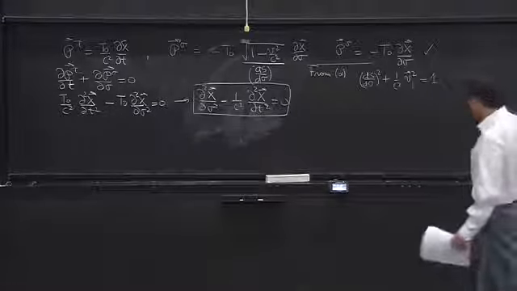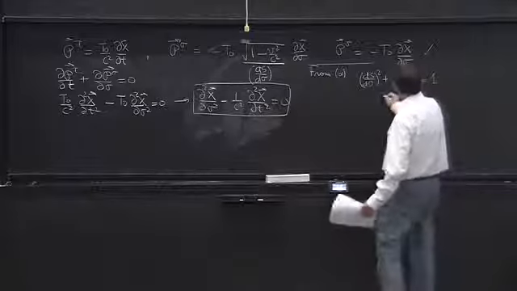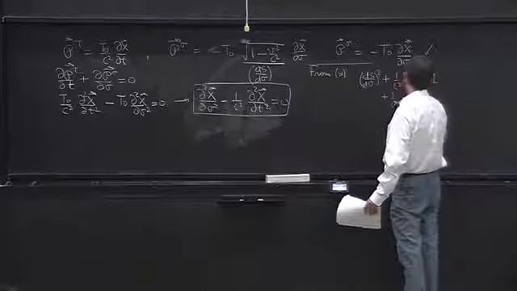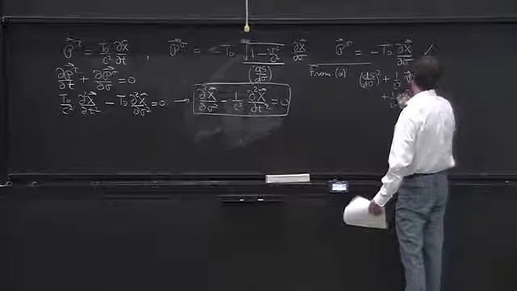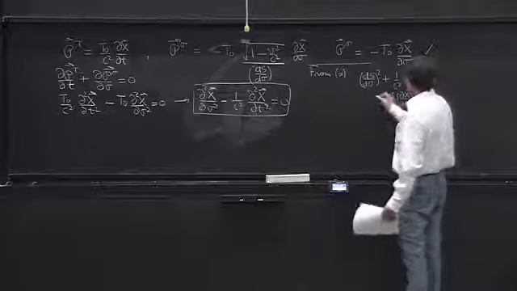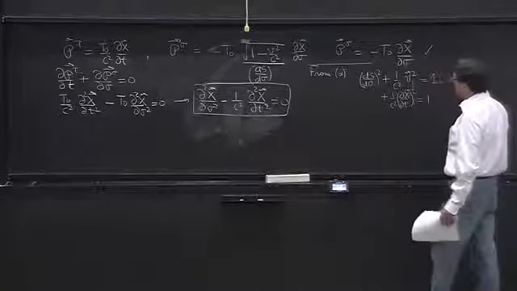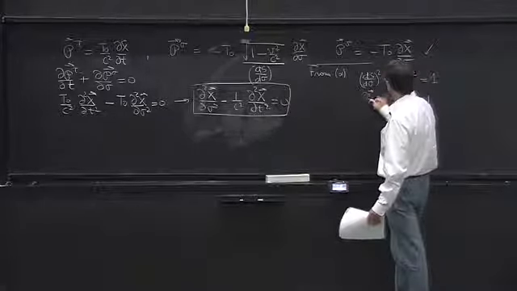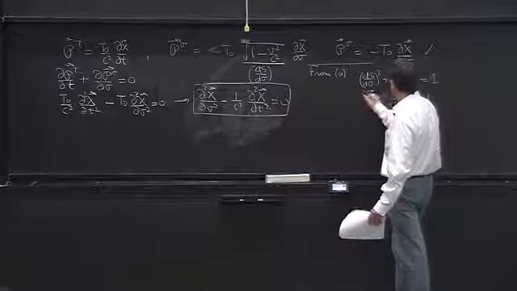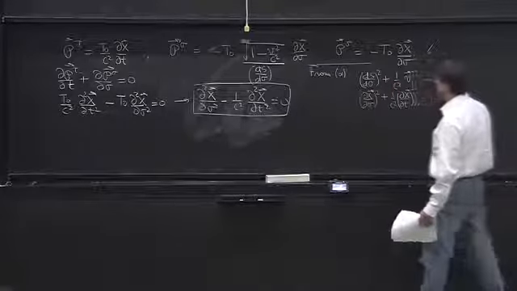Now, I claim, well, this 1 over c squared, this is dx dt squared. What is this ds d sigma? I claim this is just dx d sigma squared. Why?